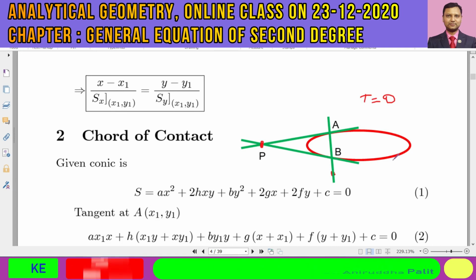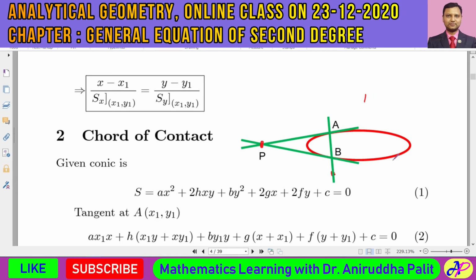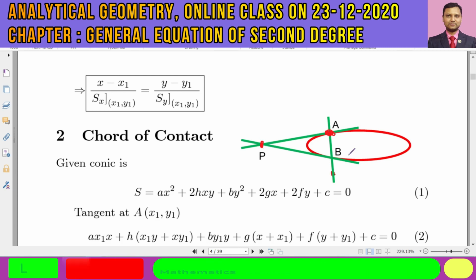So whenever T is equal to 0 is applied at a point capital A on a curve, then we will get this kind of tangent like AP or BP.